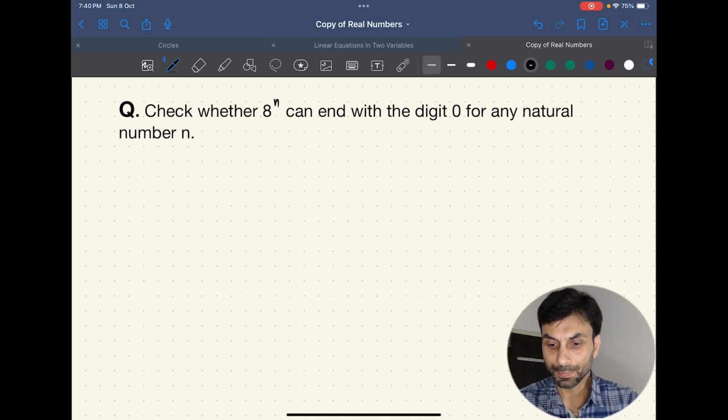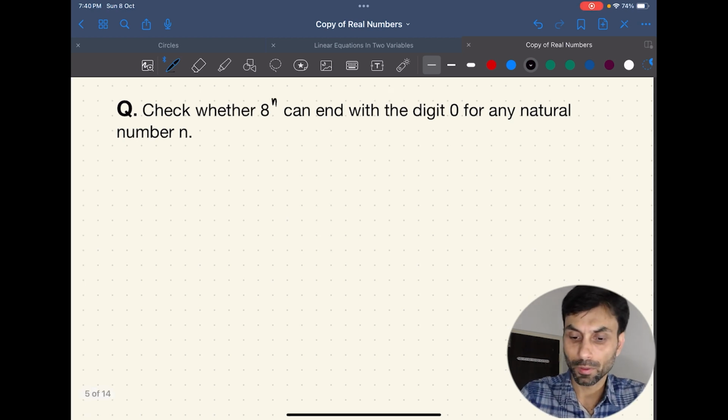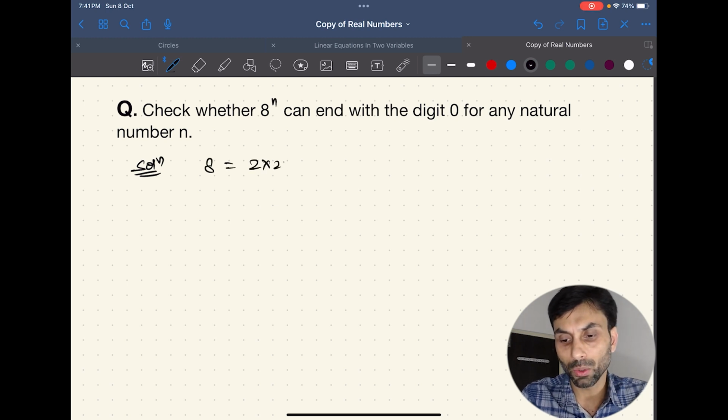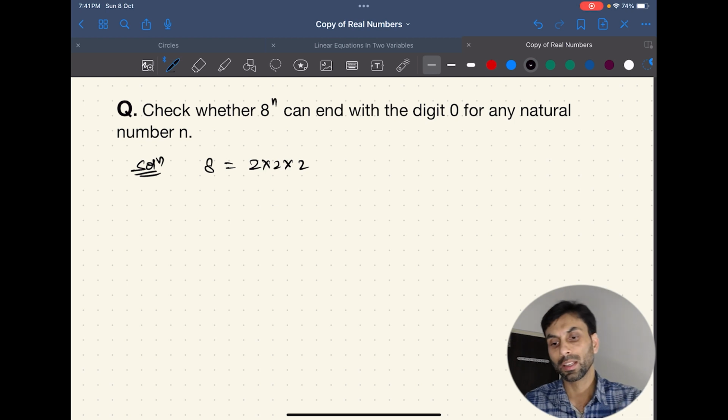The question says: check whether 8 raised to n can end with the digit 0 for any natural number n. So how are we going to approach this question? When such a question comes, first of all we find the prime factorization of the base. Here in 8 raised to n, the prime factorization of 8 is 2 into 2 into 2.